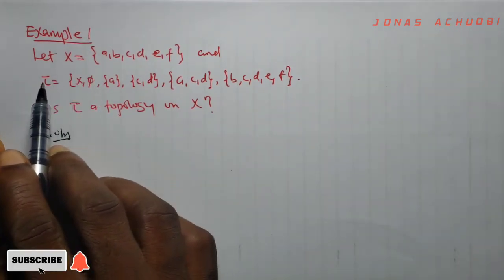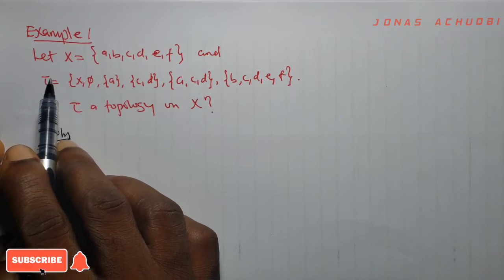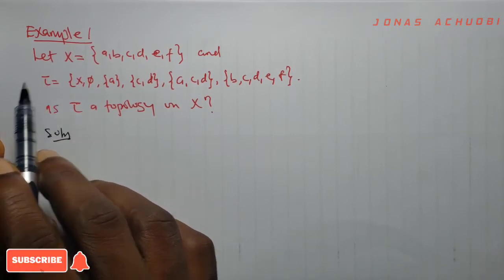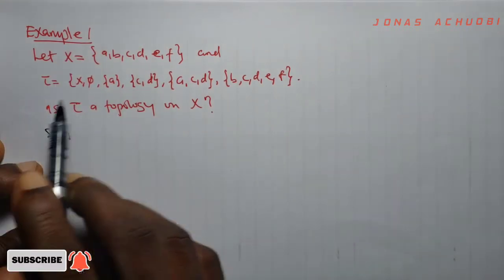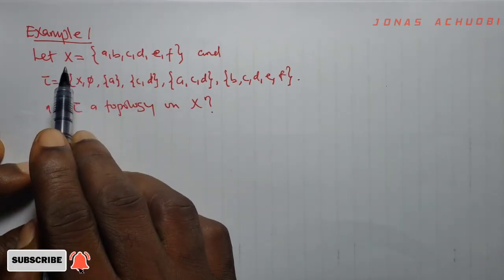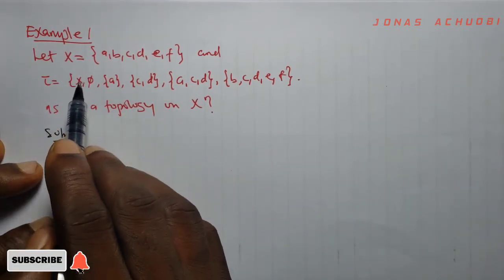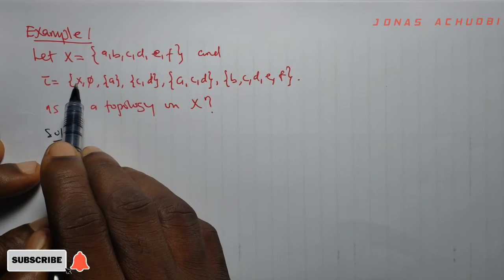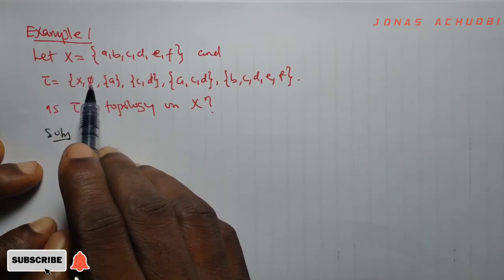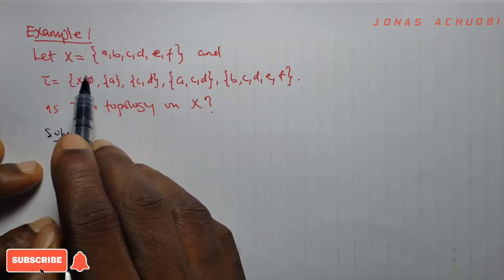The second condition is that we define the second set tau, and tau is a collection of subsets of X. Let us see. X is the whole set, and of course in set theory, a set is a subset of itself. The second element here is Phi, and Phi means empty set. An empty set is always a subset of a set.